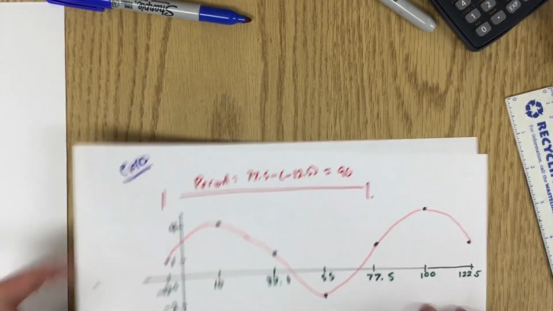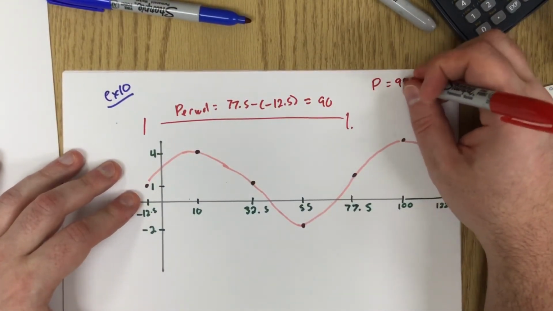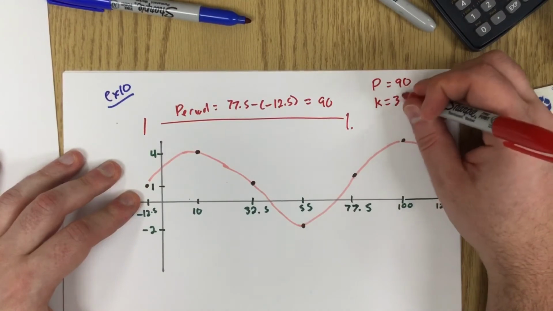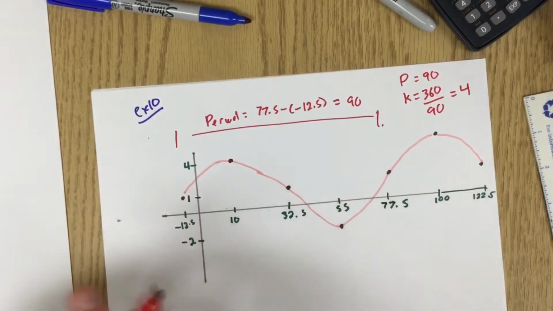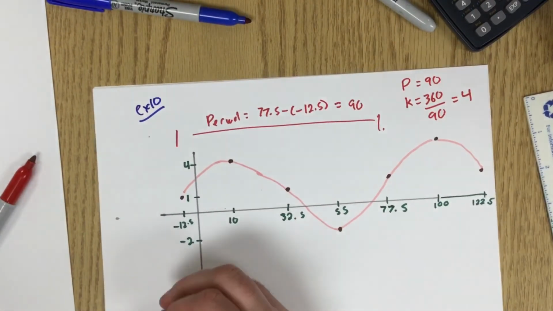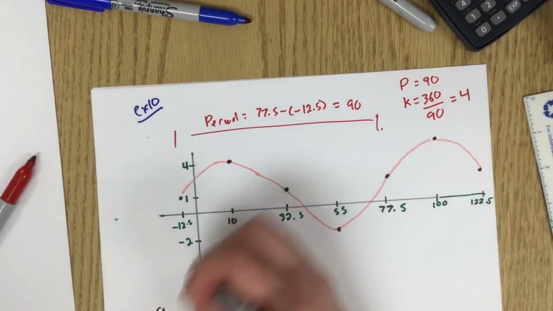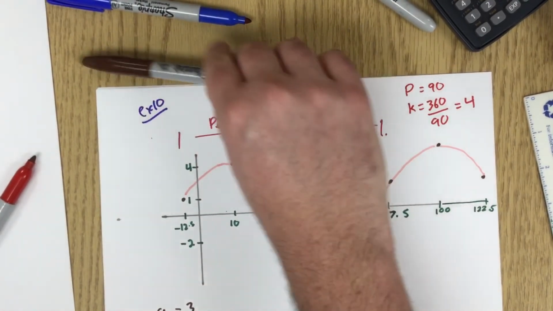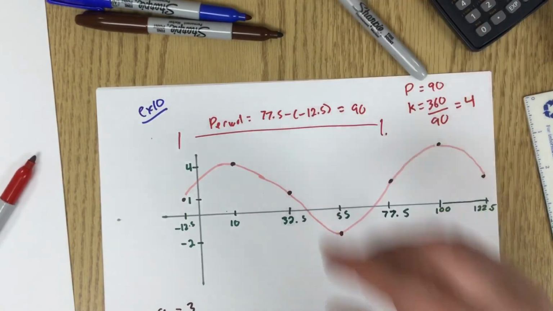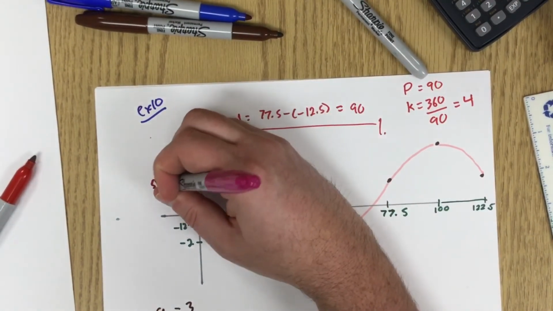So if the period is 90, then the k value is going to be 360 divided by the period, which is going to be 4. The a is going to be 3, d is going to be 1. There's definitely no pretty starting one over here, so let's say it starts over here.